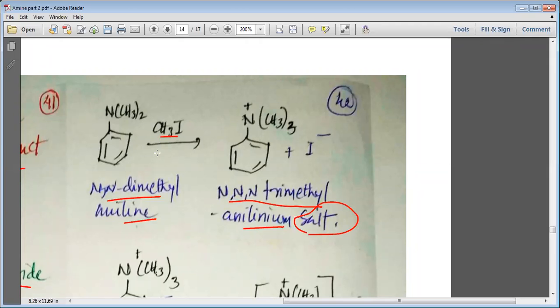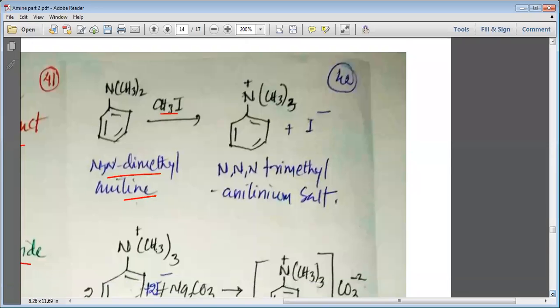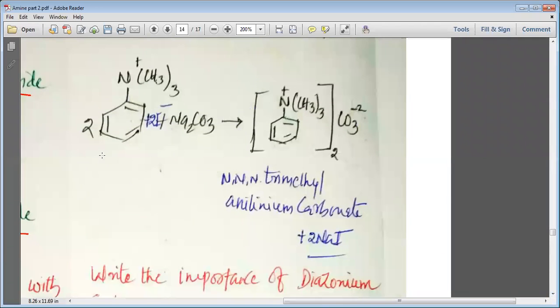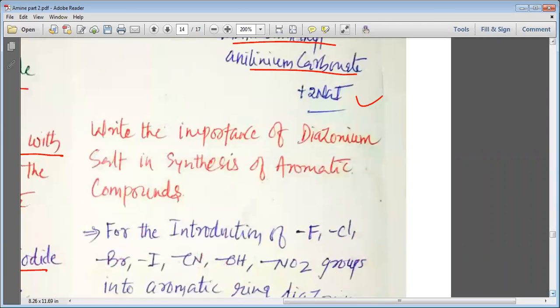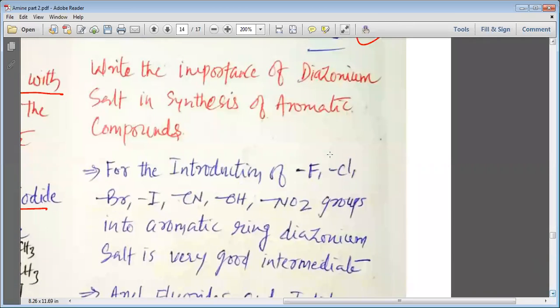Here we are using sodium carbonate, and that is why this positive ion, when it reacts in the presence of iodide and Na2CO3, gives us the N,N,N-trimethyl anilinium carbonate and sodium iodide. So please learn these reactions because they may be asked in the exam.